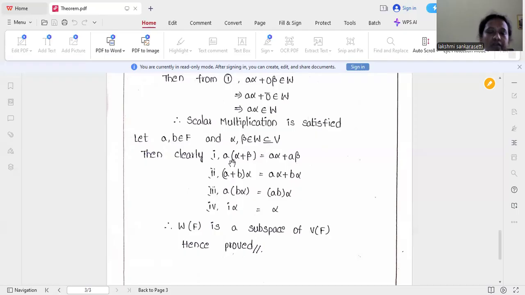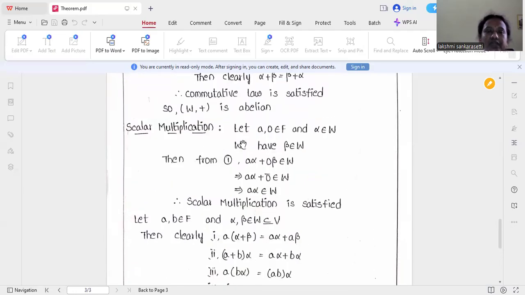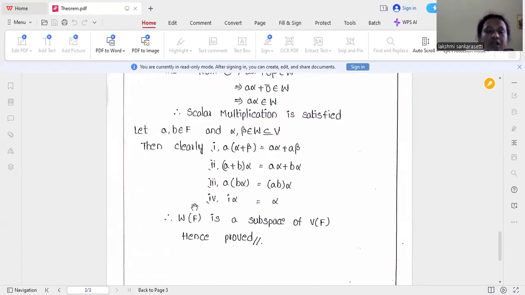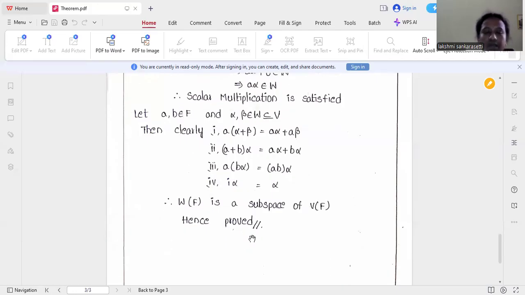They are A of (alpha plus beta) is equal to A alpha plus A beta. (A plus B) of alpha is equal to A alpha plus B alpha. A of (B alpha) is equal to (AB) of alpha. And 1 into alpha is equal to alpha. Therefore, the four postulates hold in W, along with scalar multiplication of a vector in W and (W, plus) being an abelian group. Using all these three stages, we can say that the non-empty subset W of a vector space V over F is a subspace of V over F. Thank you.